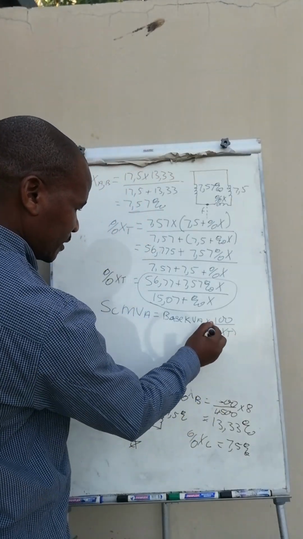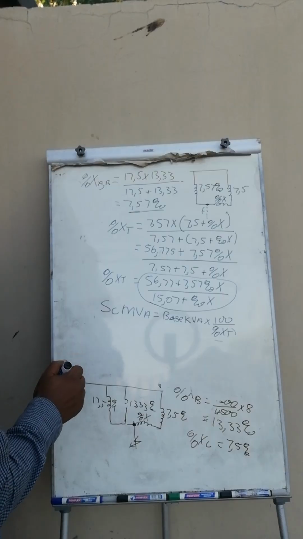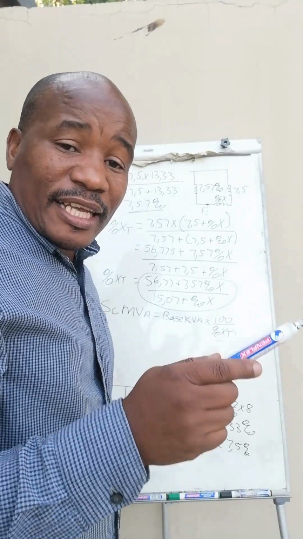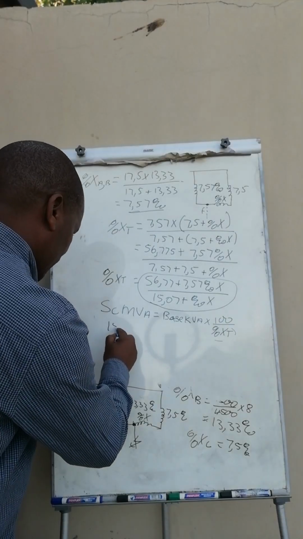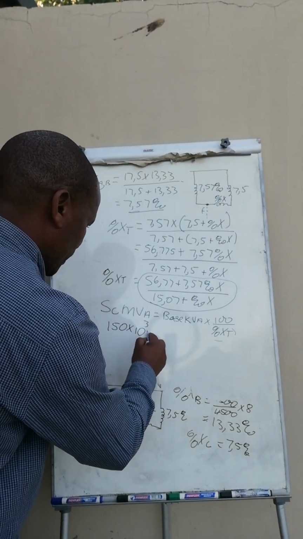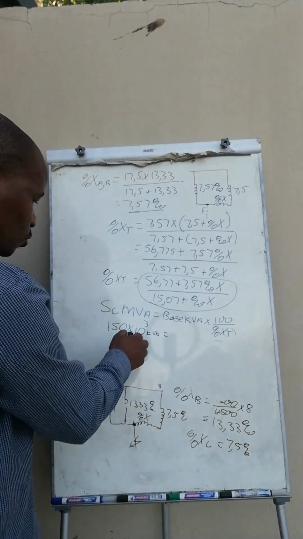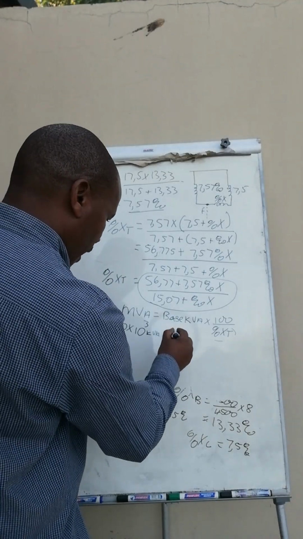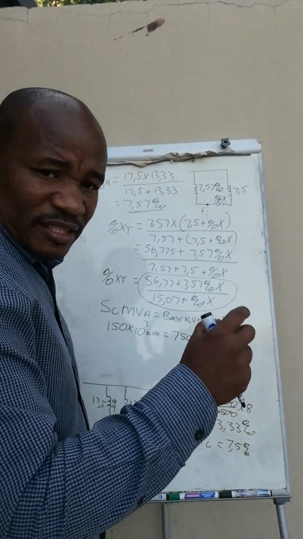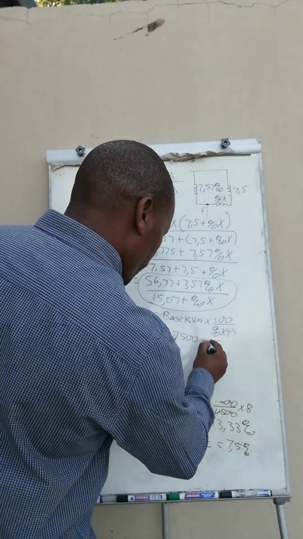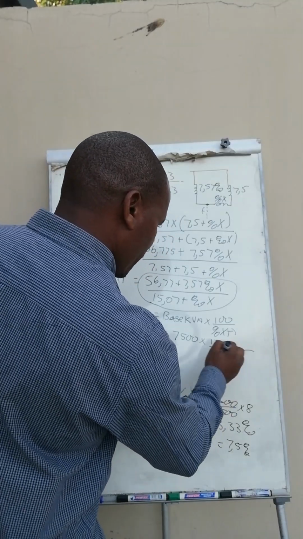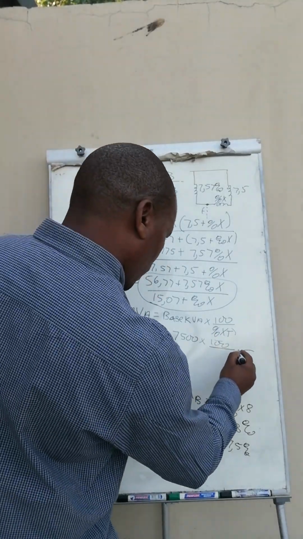And what is percentage XT? We are going there. The short circuit MVA is given as 150 multiplied by 10 to the power 3 kVA. Why? I want to use kVA now because my base here is 7,500 kVA. We must have the same basic units.